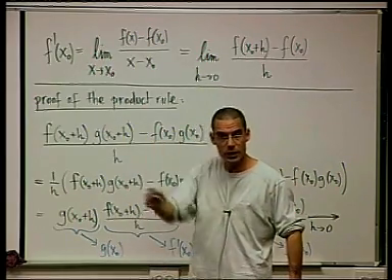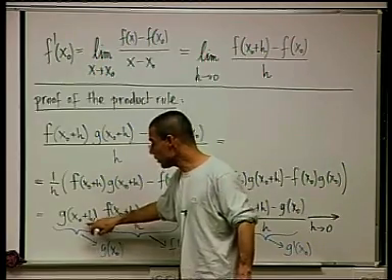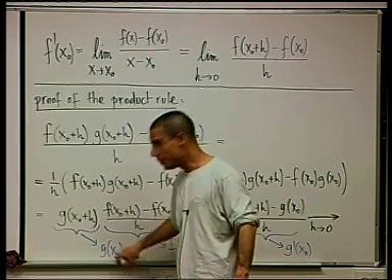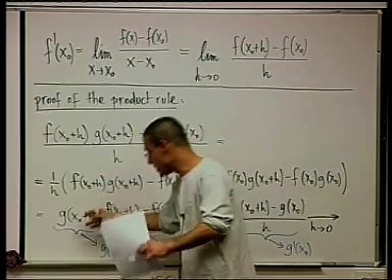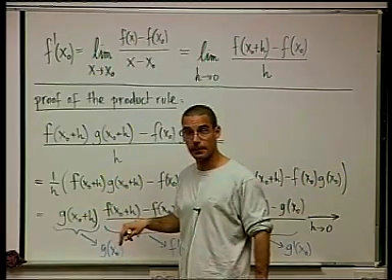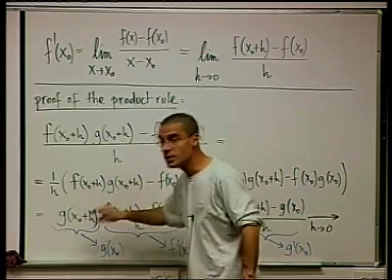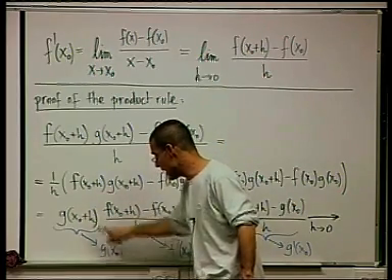Very good, very good. As h goes to 0, clearly x0 plus h goes to x0. But why does g respect that? Why does g of something go to g of the limit of the something? Because g is continuous. Only a continuous function would satisfy this.